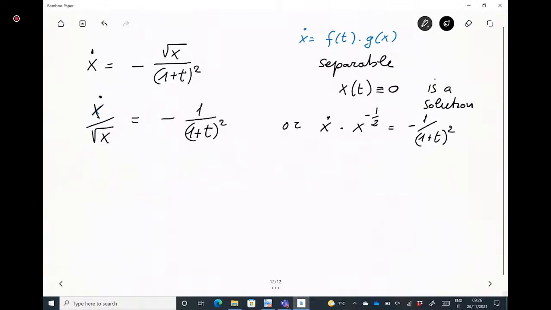So don't worry about the rigorous substitution method. Just do that. The derivative x dot dt will become the differential dx. So just consider the integral of x to the power of minus 1/2 dx, where dx is x dot dt, but now you are integrating with respect to x, is equal to the integral of minus 1 over (1 plus t) squared dt.